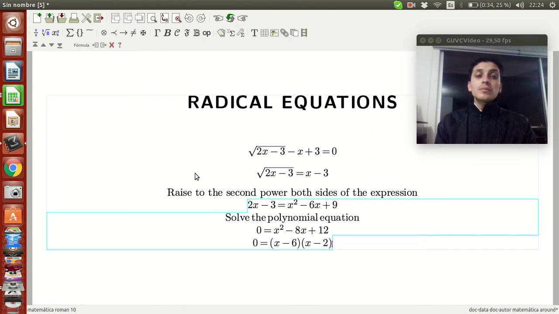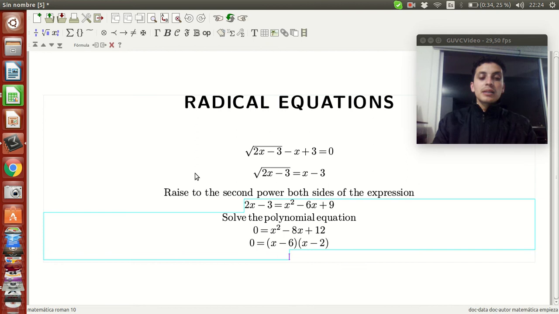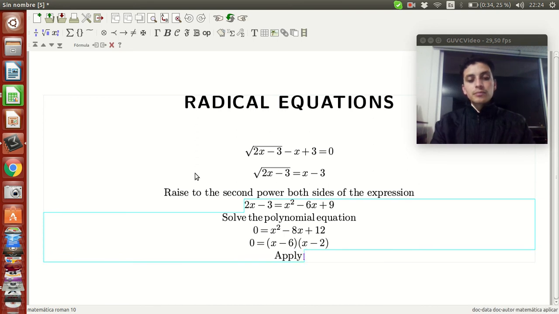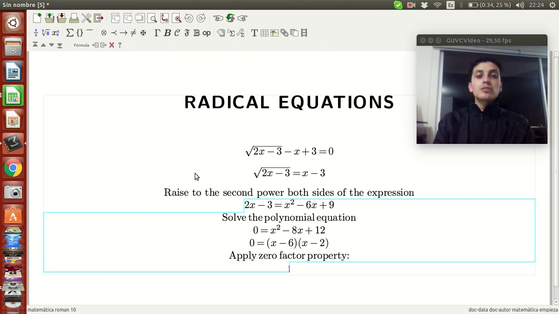And now we have to solve, applying the zero factor property. And we have two solutions.